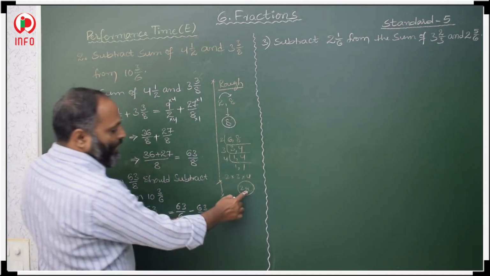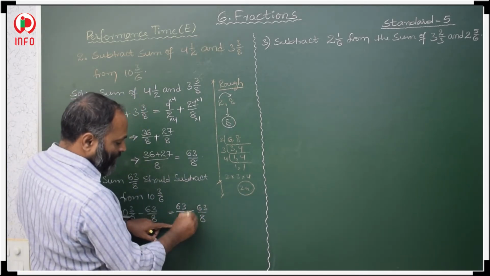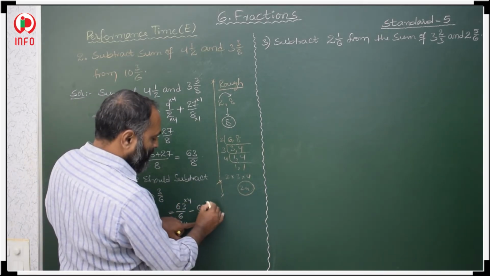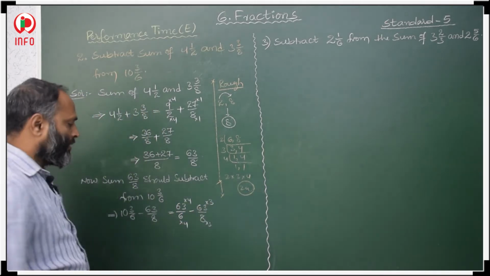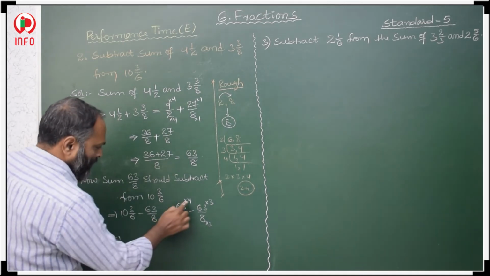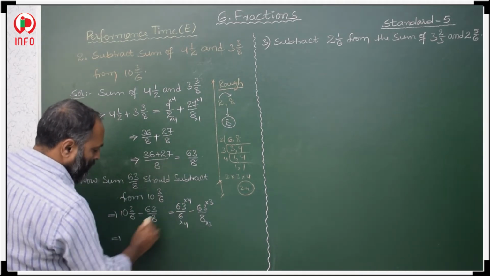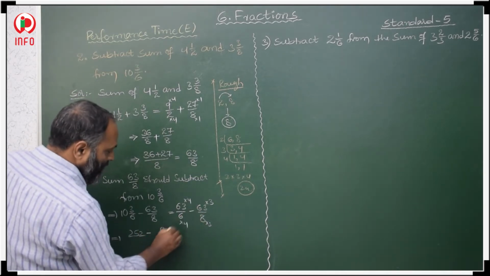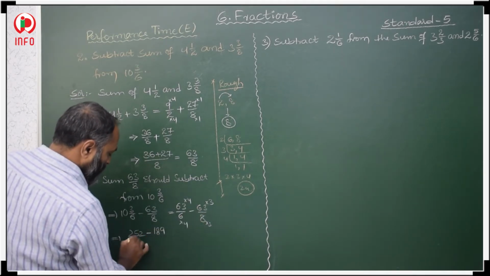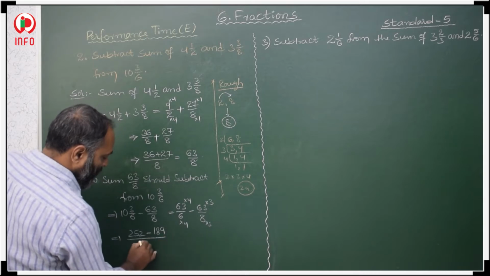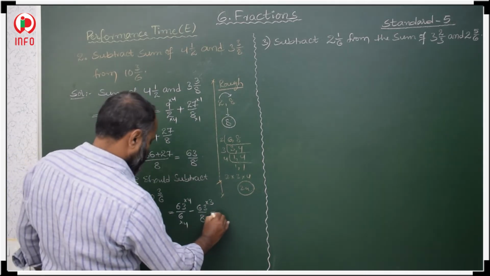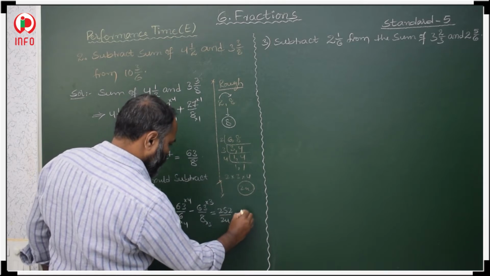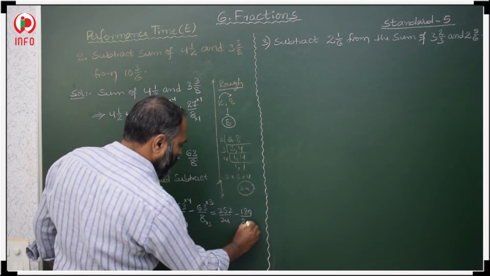In the 6 table, to get 24, 6 fours are 24, so multiply by 4. In the 8 table, to get 24, 8 threes are 24. Now, 63 fours are 252, and 63 threes are 189. So 252/24 minus 189/24.